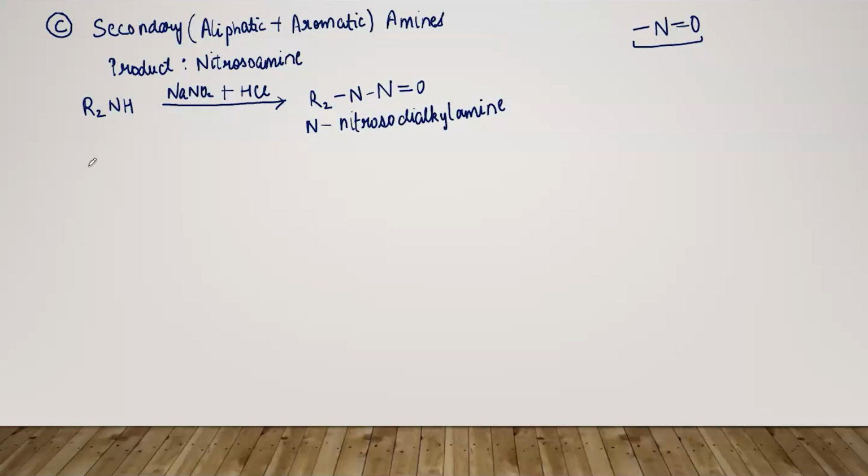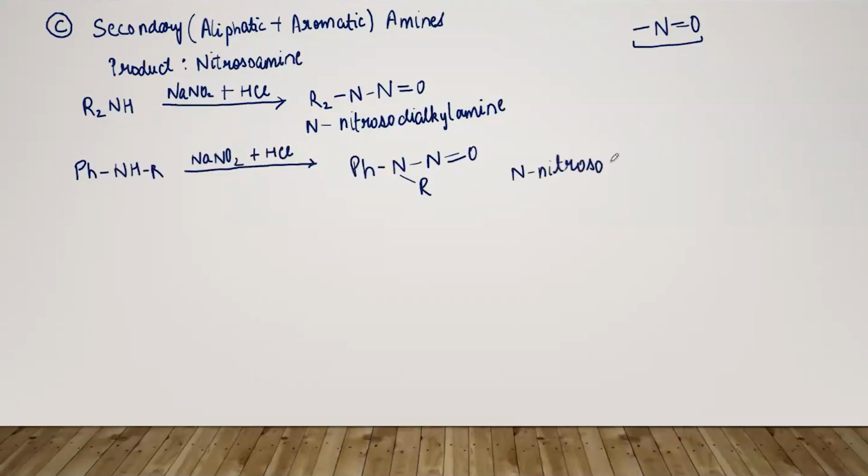Now we'll do it similarly for the aromatic. So I'll write it in the form of Ph. Okay, the name of this compound is N-nitroso N-alkyl aniline. So this was for the secondary case. Now the last one comes, the tertiary case or the 3-degree amine.